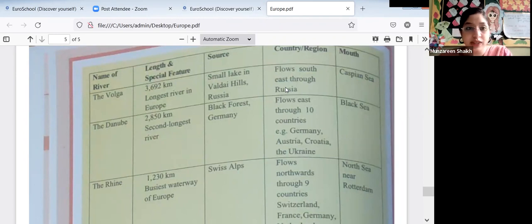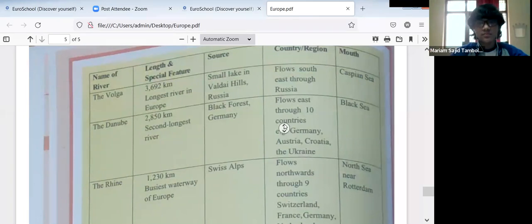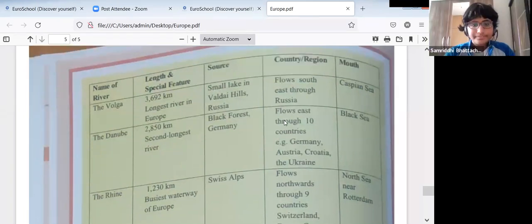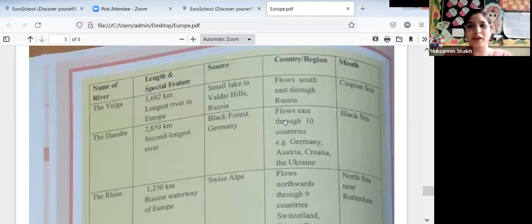So these are the five categories which we will learn about each and every river of Europe. Are you all ready to know about the rivers?